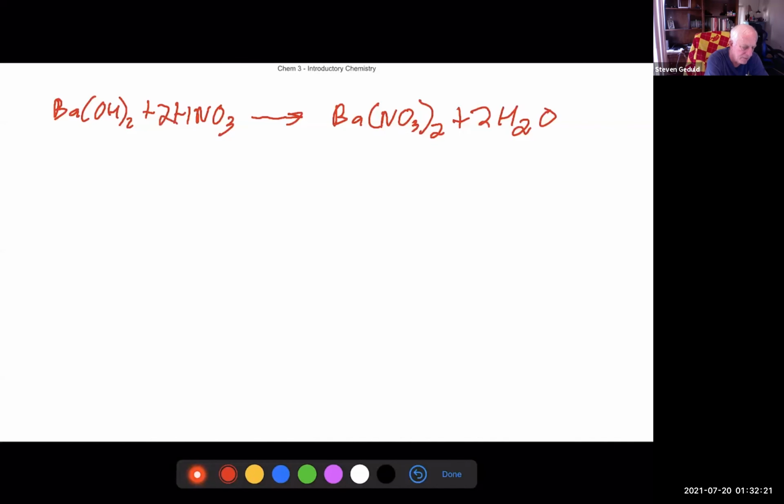Okay. They want to write the total ionic equation, which is the complete ionic equation. So Ba2+ plus 2 OH minus. Okay, barium hydroxide breaks apart and the nitric acid breaks apart: 2H+ plus 2 NO3 minus.